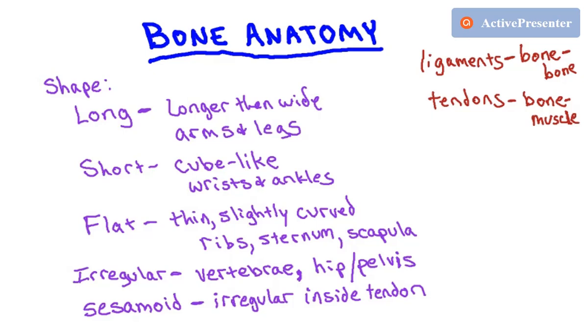But a sesamoid bone is a bone inside of a tendon, a muscular-like structure connecting a bone to a muscle. So an example of this would be your patella, which is your kneecap, and your pisiform bones, which are bones in your wrist.